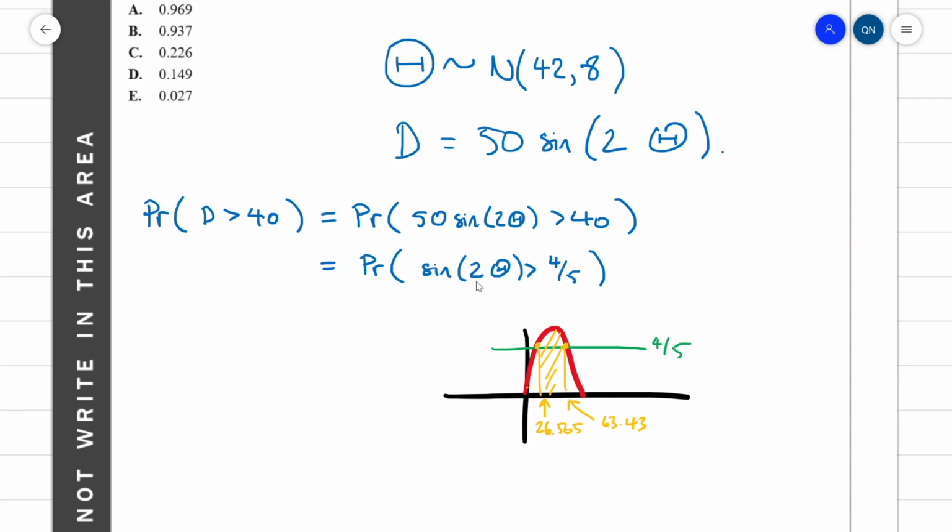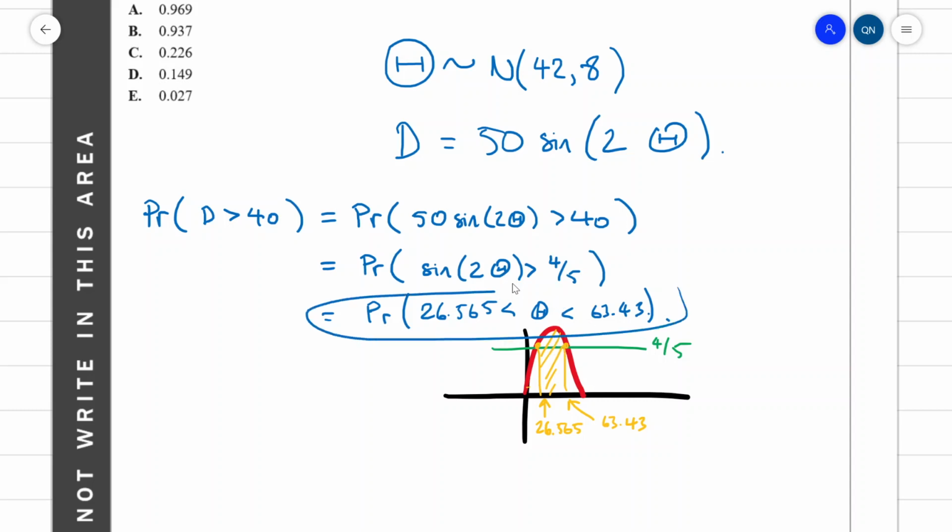So, in order for sine of 2 theta to be greater than 4/5, we require that theta is between 26 and 63, those two numbers there. So we want 26.565 less than theta less than 63.43. Now because theta is a normal random variable, we can just evaluate this probability directly, which is quite straightforward.